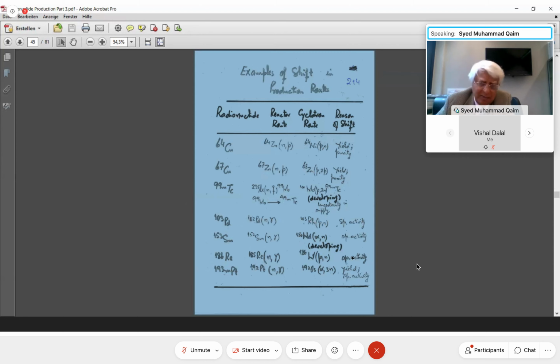Because of the specific activity. So these are the reasons. It doesn't mean that you can always achieve your aim. It means research is going on. The aim has been achieved in the case of copper-64 and palladium-103. These two really achieved the aim of high specific activity and yield, but not in other cases. So still work is going on.